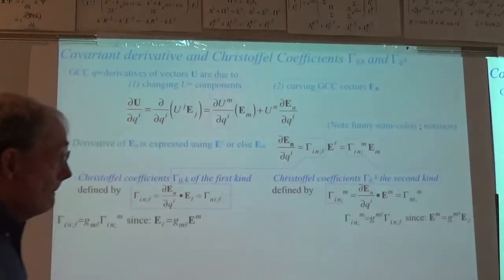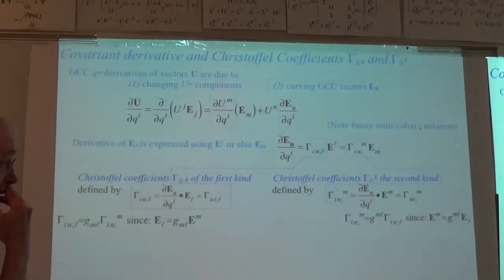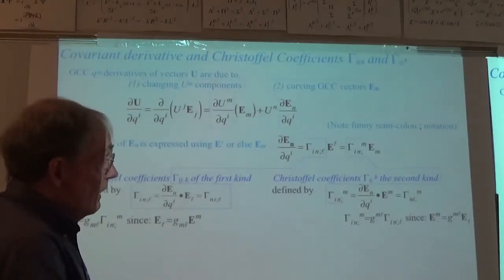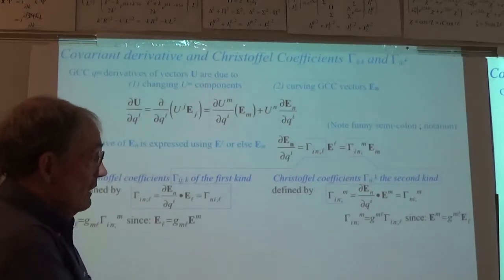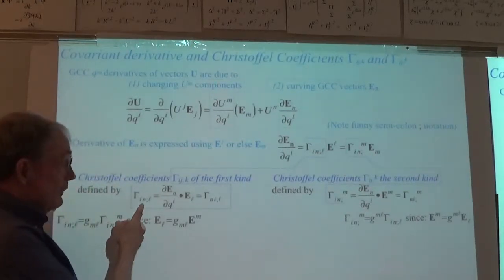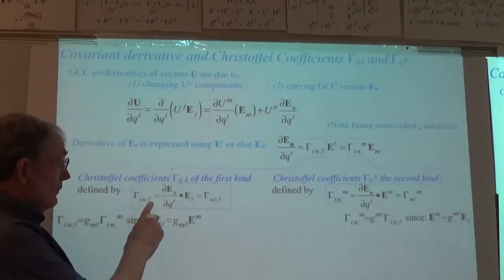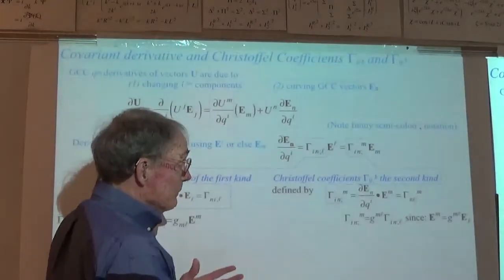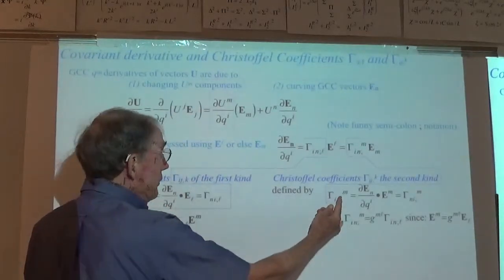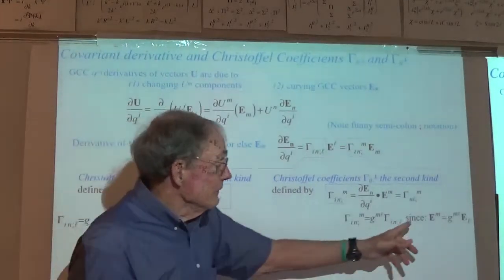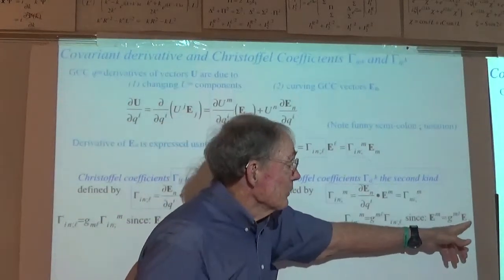So, one of the things that you should note, though, is that some of the tensor properties are valid for the Christoffel coefficients. And that's where you use either a low index, which is a covariant index, or a high index, and the relationship between these two is just simply the relationship between the contravariant and the covariant vector.